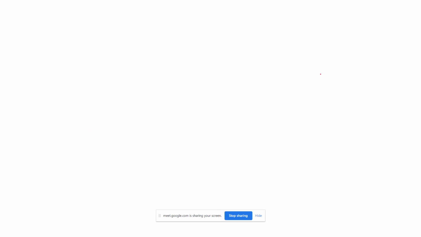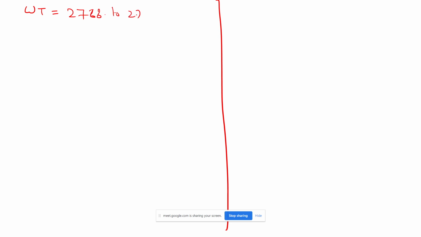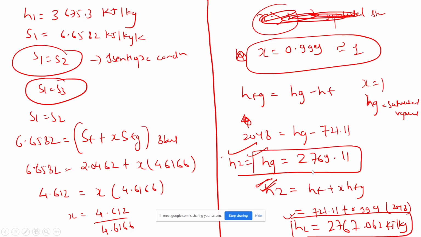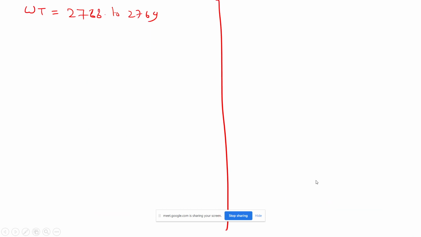If they ask the question for turbine work and give a range of 2767 to 2769, then someone using this can directly put in this answer. I've written it wrong here, so they might ask like this.